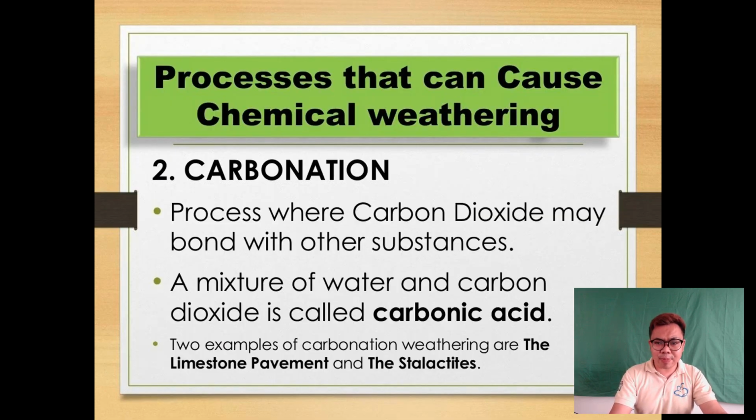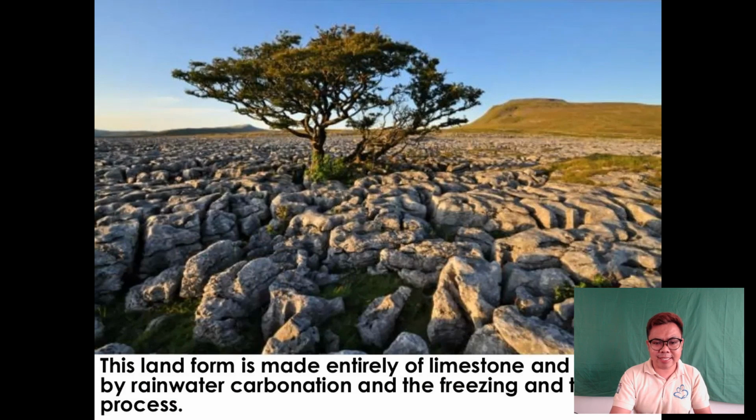Carbonation is another process that can cause chemical weathering. Kapag ang carbon dioxide nag-bond siya sa other substances, a mixture of water and carbon dioxide is called carbonic acid. Yung carbonation na yon, nag-form siya ng carbonic acid. This example can be seen on a limestone pavement and the stalactites.